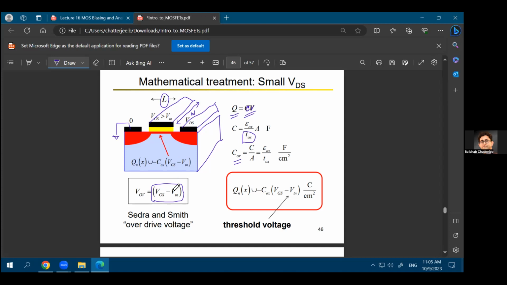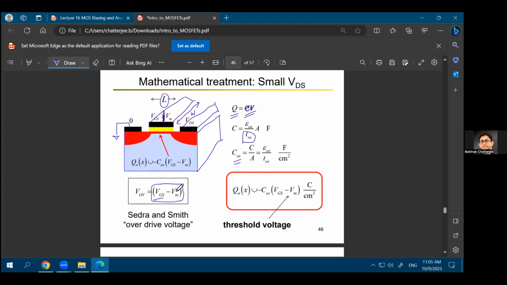That is something you can visualize as the voltage drop across the gate and the oxide. So if you have a threshold voltage of VTN, which says that it is an N-channel MOSFET, at the channel the voltage that is available is VGS minus VT. Gate to source voltage is something that you are applying here at the gate.